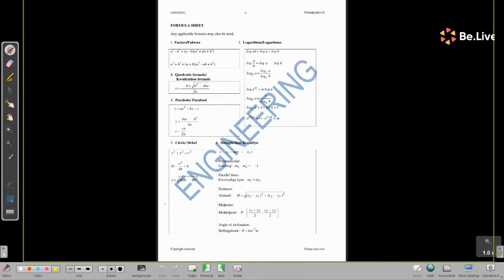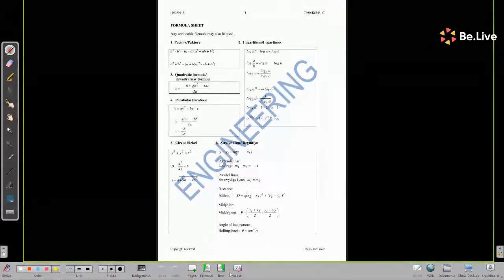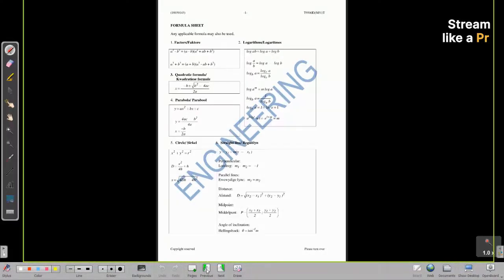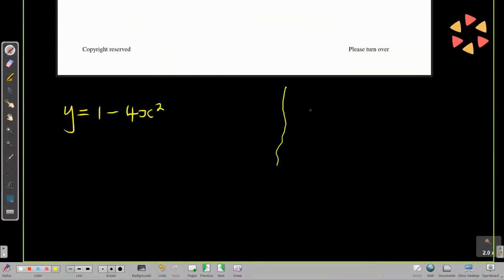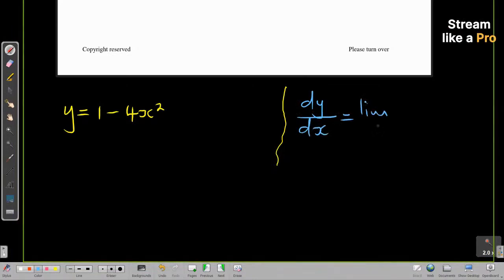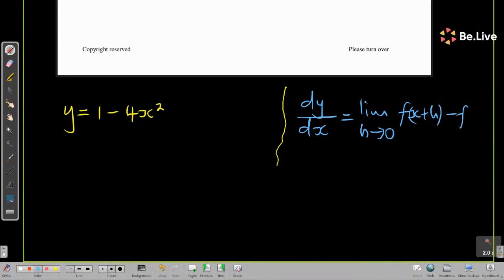So if I can quote that, because that is the formula I'm going to use, dy over dx is equal to lim h approaches 0, and then we've got f of x plus h minus f of x, all over h.